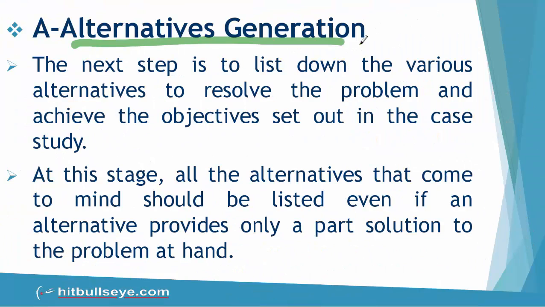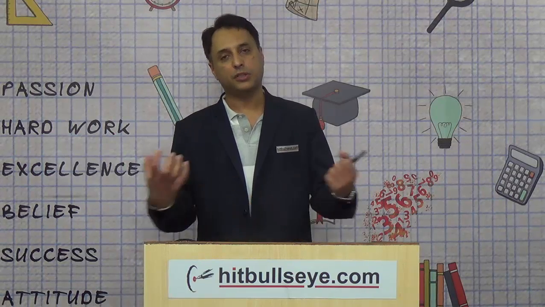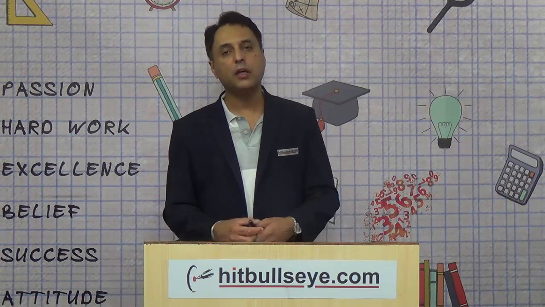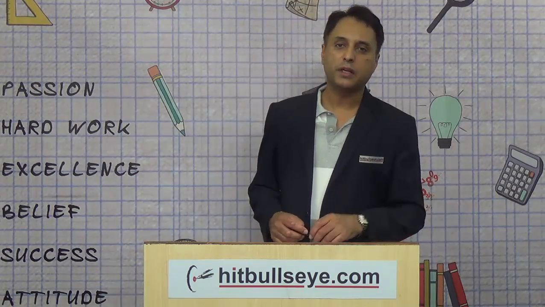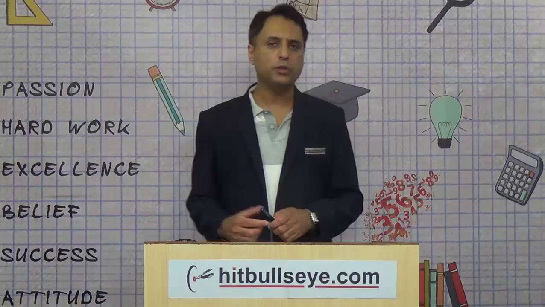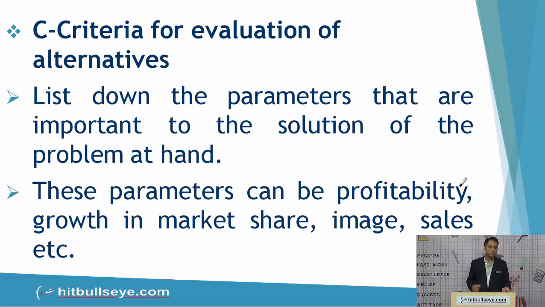So at this stage, all the alternatives that come to mind should be listed, even if an alternative provides only a part solution to the problem at hand. So this is the stage where you have to diverge in terms of idea generation, keeping in mind how the alternative would provide some kind of a solution to the problem at hand.